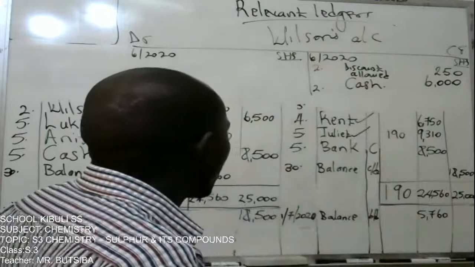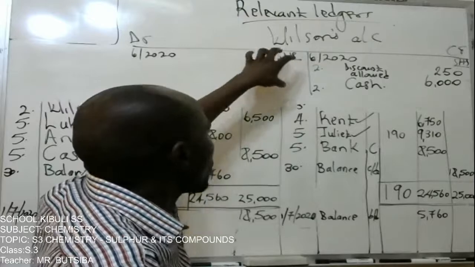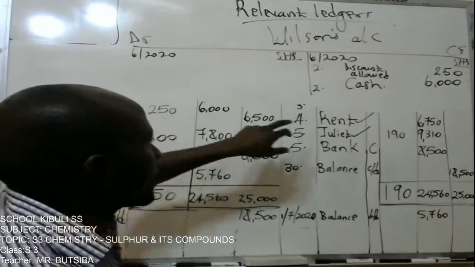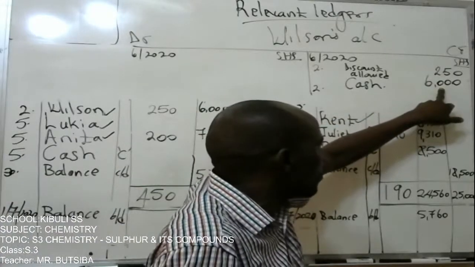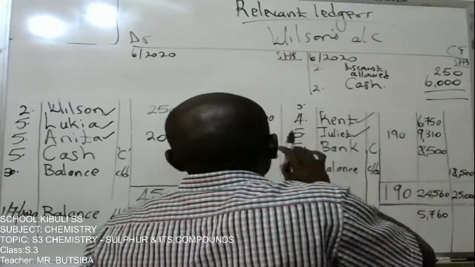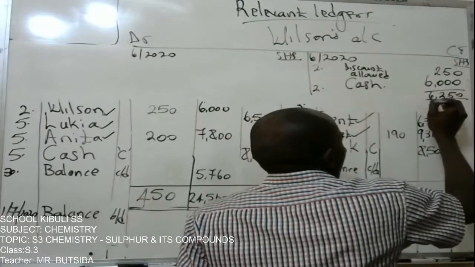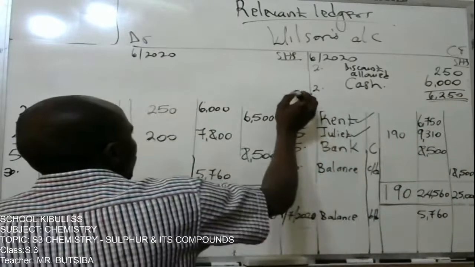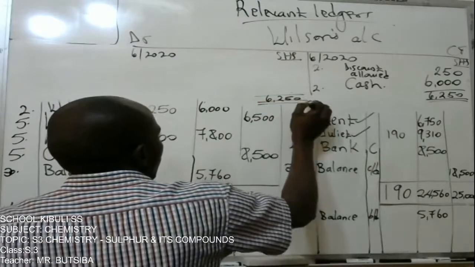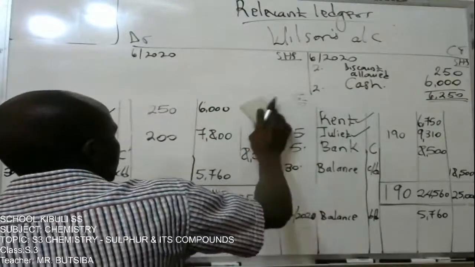So this is how we record the discounts in the respective personal accounts. For example, the personal account for Wilson. So you are capturing the discount and even the actual amount paid by Wilson, so that when you total, it will go back to the original, which is 6,250. Then you can balance as normal. Get the balance carried down, get the balance brought down.